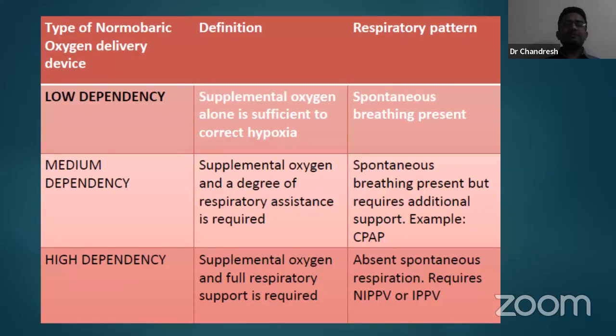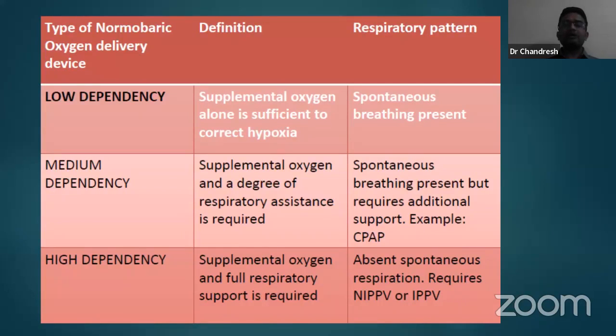So low dependency means supplemental oxygen alone is sufficient to correct the hypoxia. In this scenario, most of the time, the patient will be spontaneously breathing. If you think about medium dependency, here there can be respiratory distress, and because of that, along with the supplemental oxygen, some amount of respiratory assistance is required. For example, CPAP.